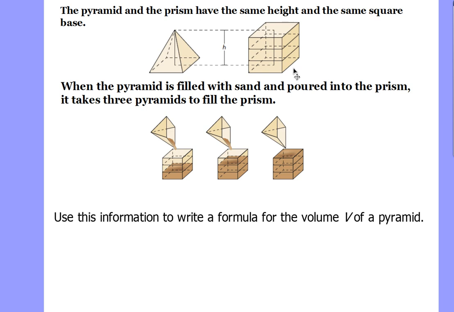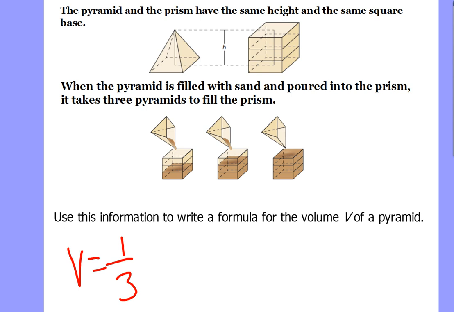This is a rectangular prism or a square prism, so it's literally just length times width times the height, or side times side times the height, depending on if it's a rectangle or a square specifically. So if it took 3 of those, then one of these is a third of the whole prism.